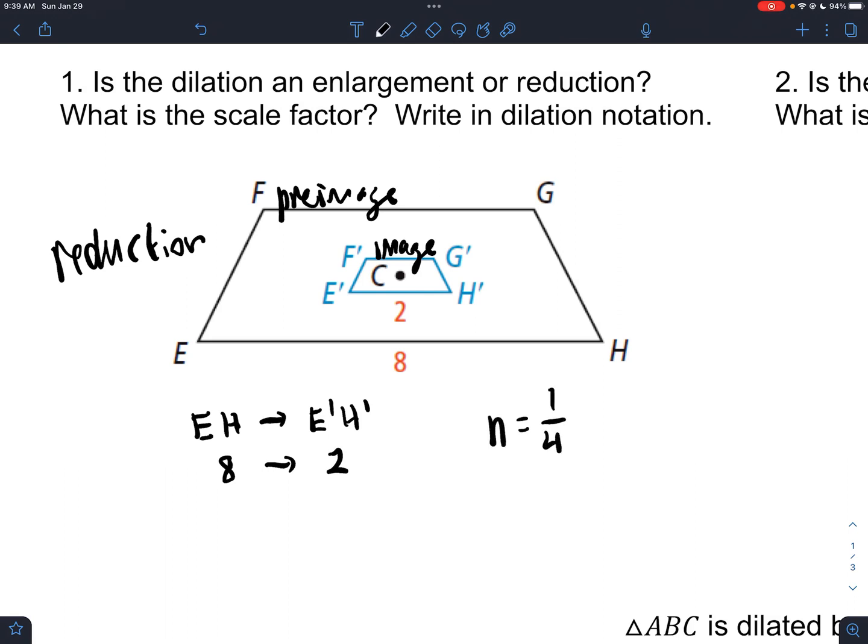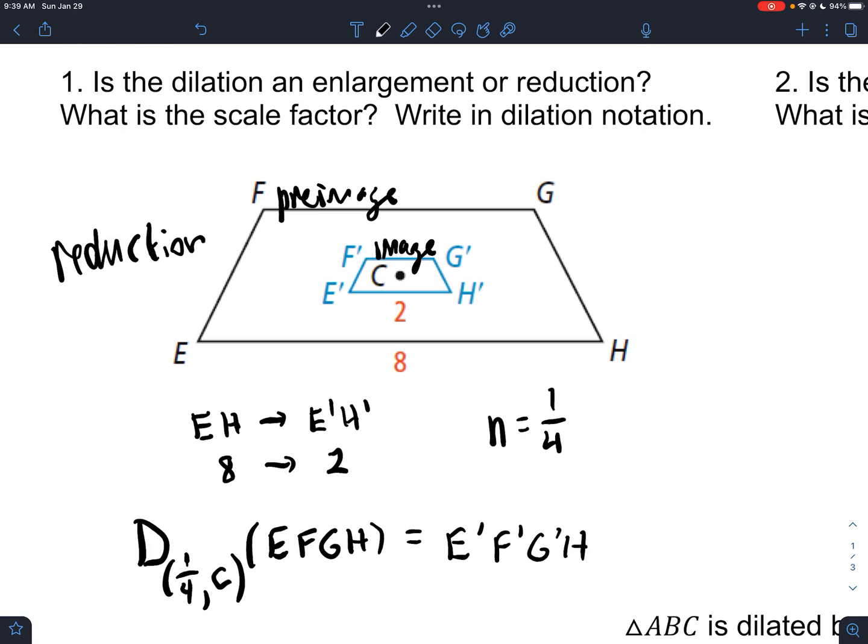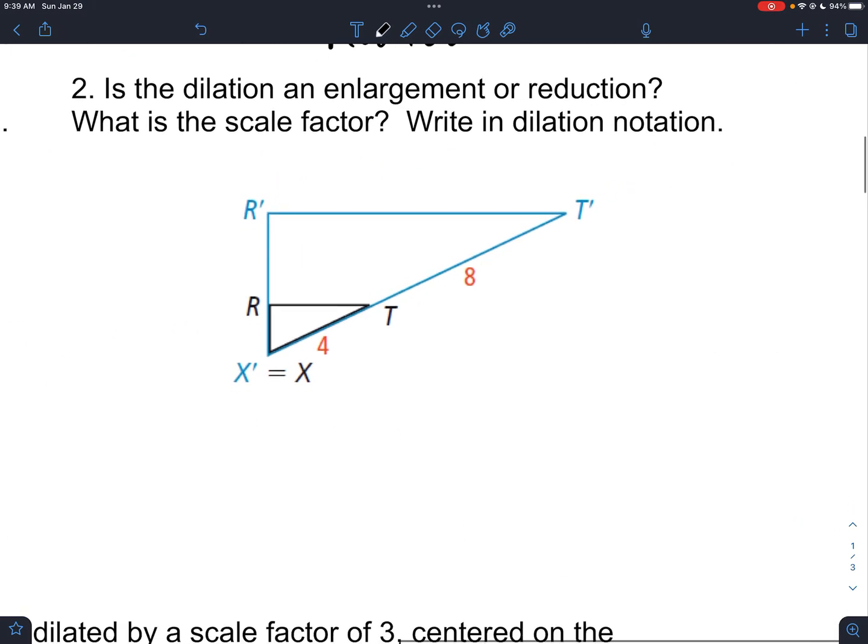So that means the scale factor must have been 1/4 because it cut the 8 into 4 pieces. The notation would be dilate the pre-image by a factor of 1/4, centered at C, which is in the middle. See how it's shrinking towards C. If we do that, we get the image. Okay, so not too different than the other transformations with the notation.